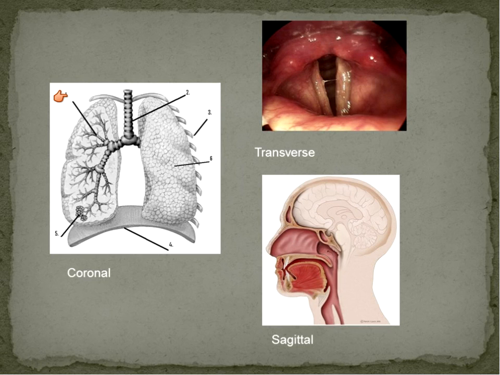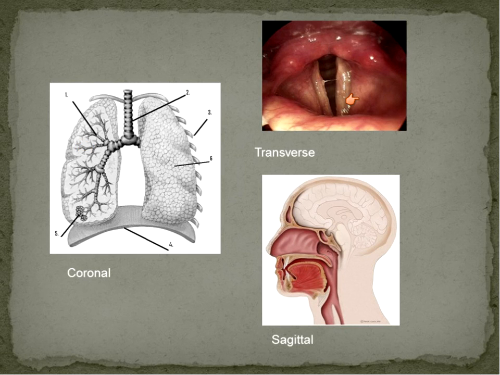Okay, so this is a picture of the respiratory system in a coronal plane. You're seeing the medial portion, because the lungs have been cut coronally.